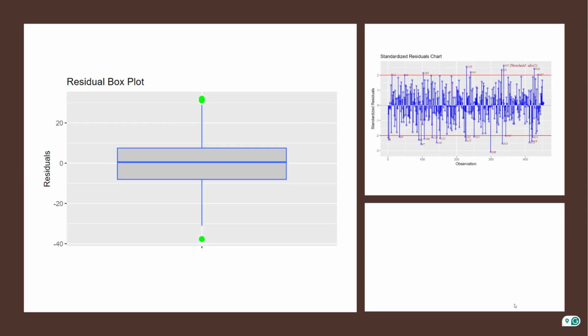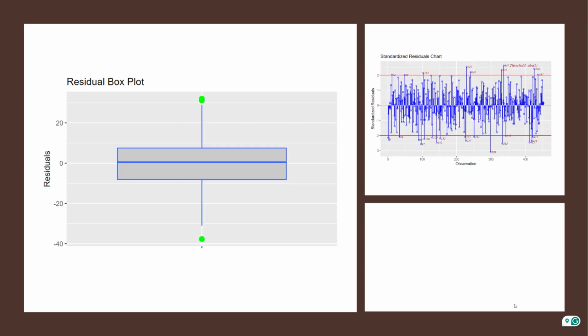Now, every analysis is going to depart from normality in terms of the residual distribution to some degree. How much you're willing to live with, again, depends on your goals and your model, and is very much context specific.